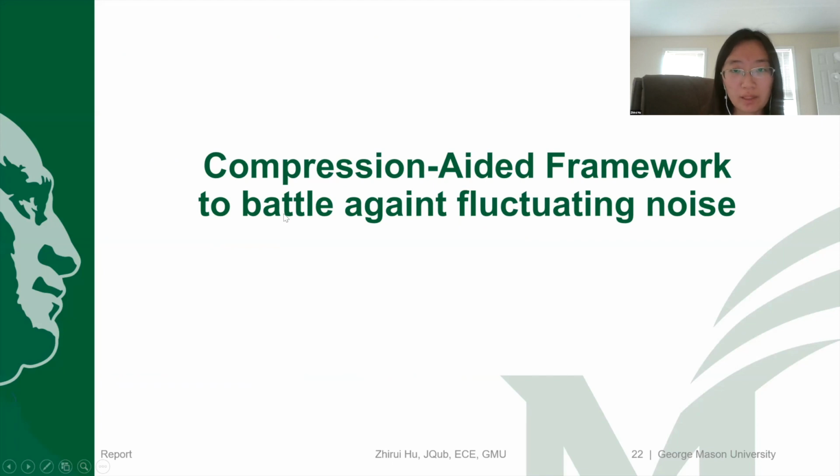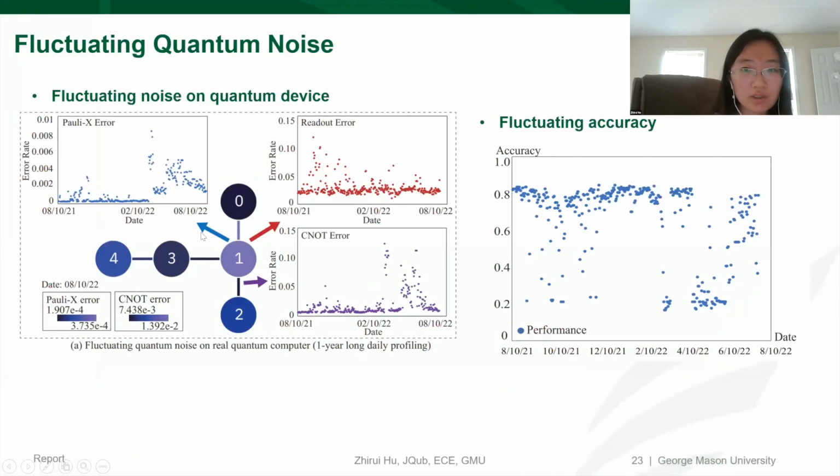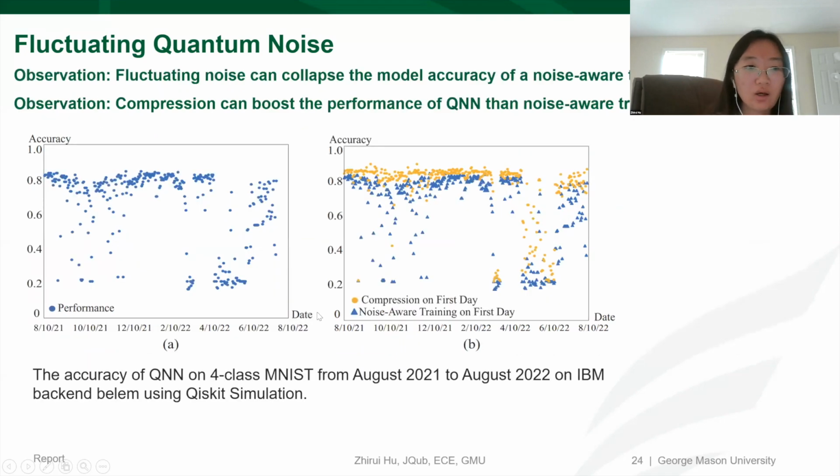My second work is a compression-aided framework to battle against the fluctuating noise. As we mentioned before, the noise is fluctuating. This is because the noise on some days is larger than on normal days, so the accuracy will decrease on these days. We did the experiment with noise-aware training on the first day.